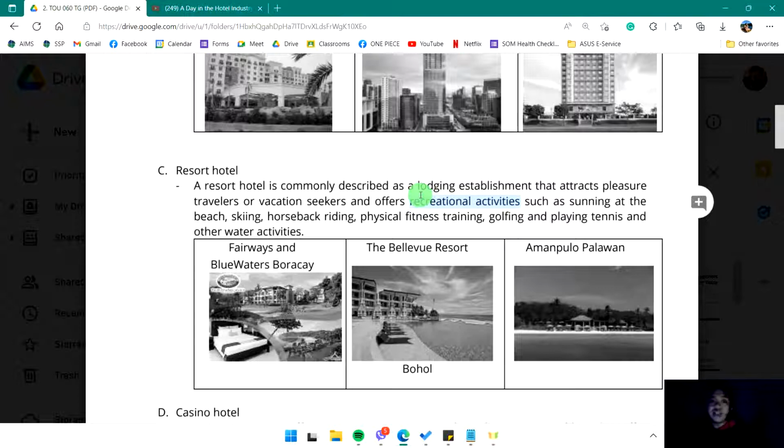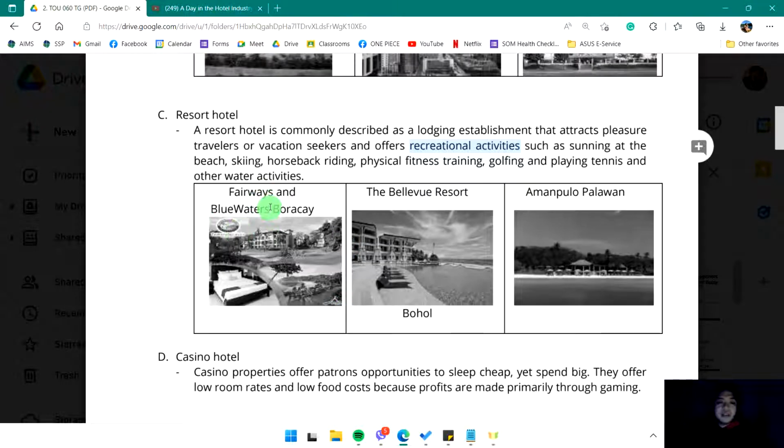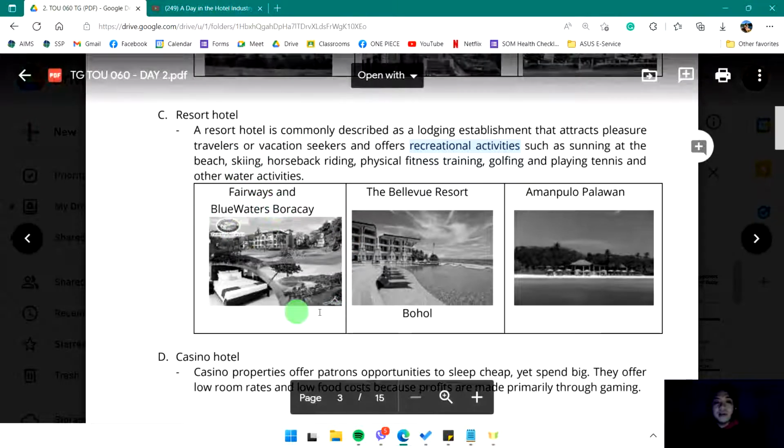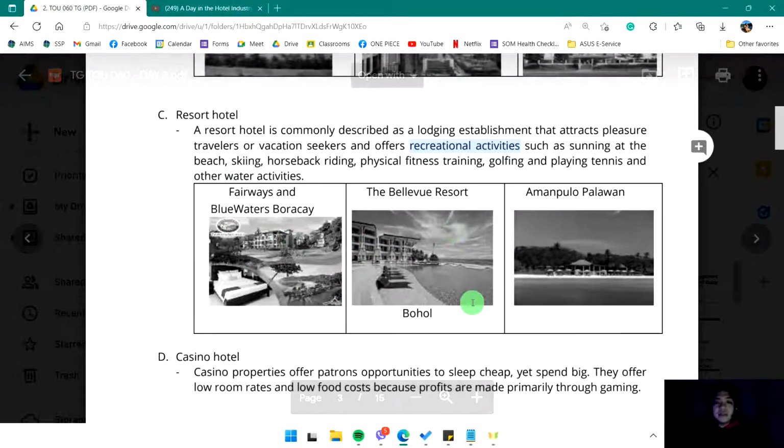So for vacation, resort hotels natin. And these are some of the examples of resort hotels here in the Philippines na may pangalan or kilala. We have the Fairways and Blue Waters in Boracay, the Bellevue Resort in Bohol.